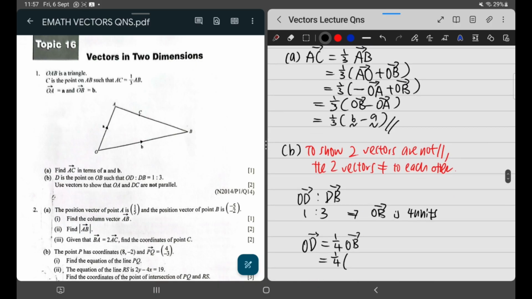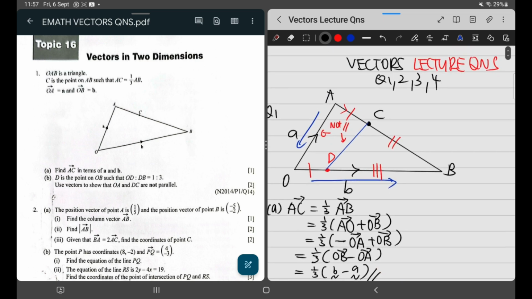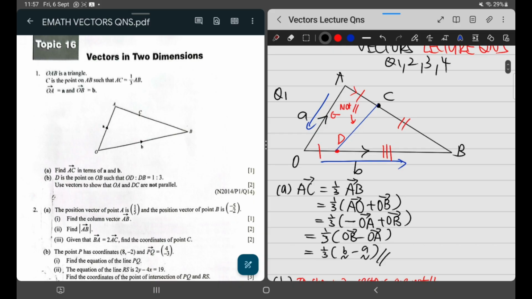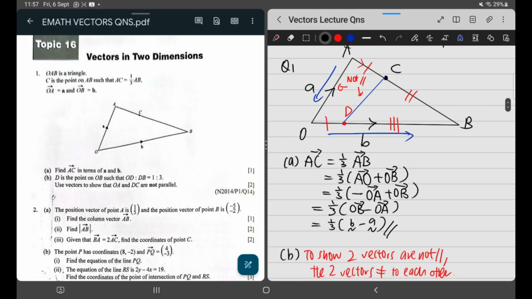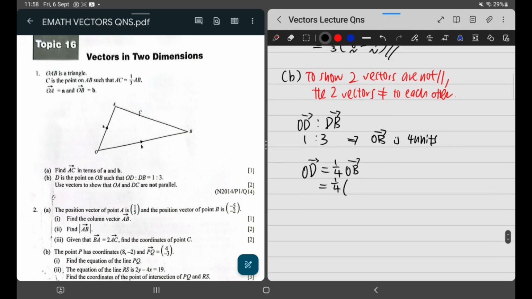If you want to walk from O to B, you can walk from O to A and then A to B, right? So this is what you can do. You can walk from O, 1/4, so you walk from O to A, and then you walk from A to B. So this is AB.